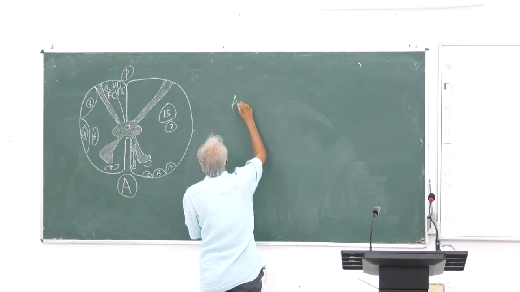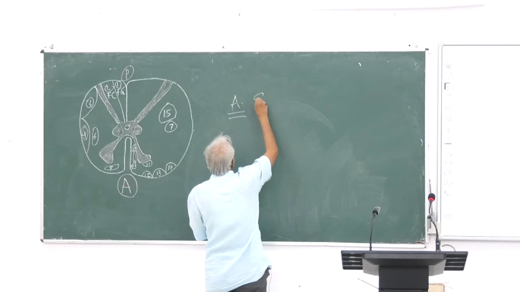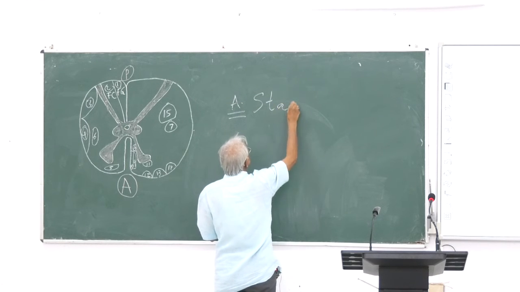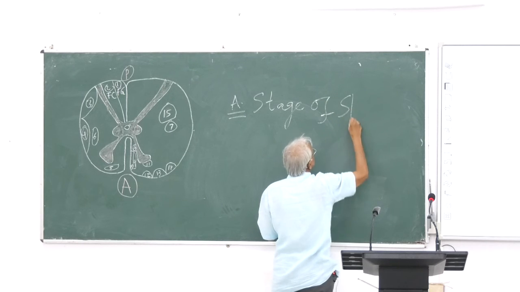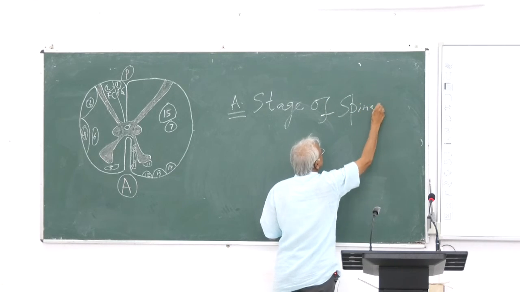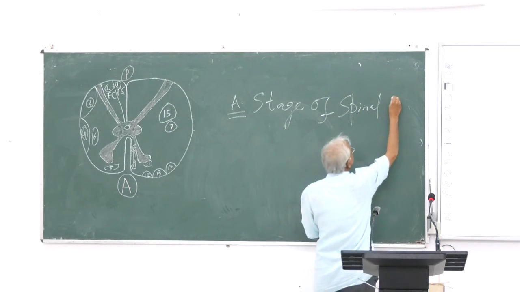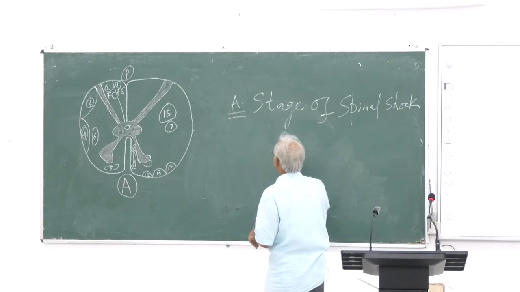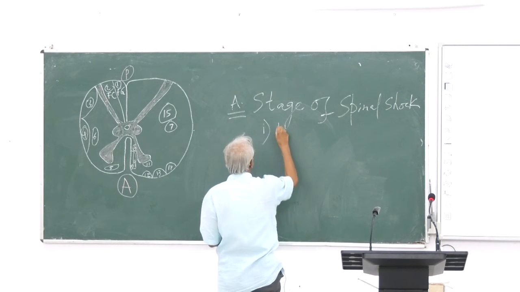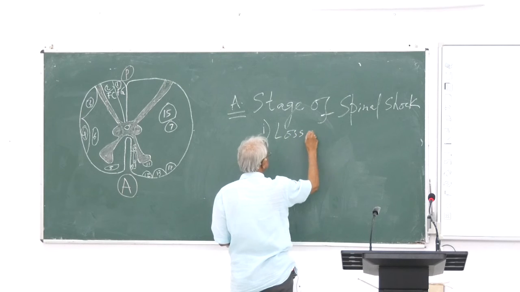Stage 1, stage A, stage of spinal shock. So what are the symptoms? Loss of consciousness.